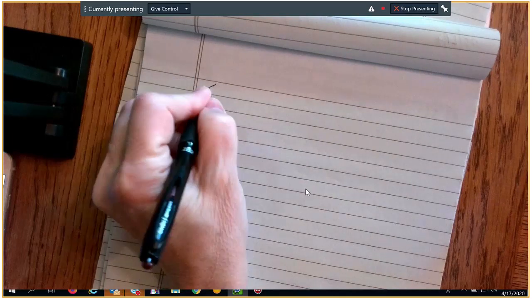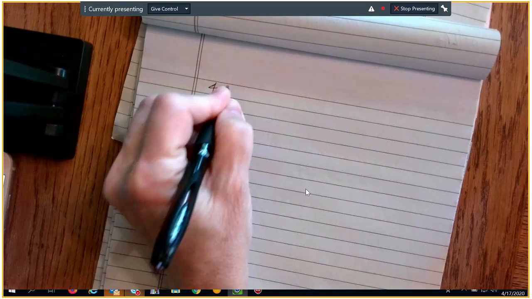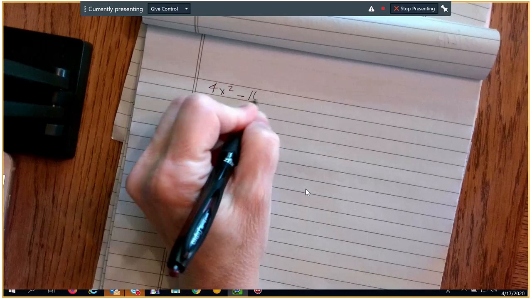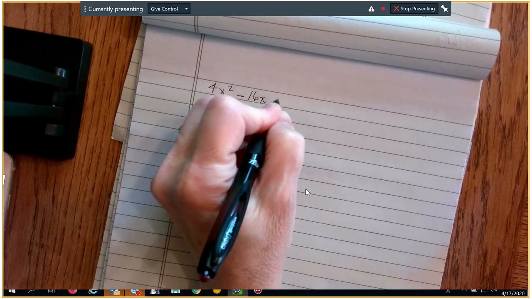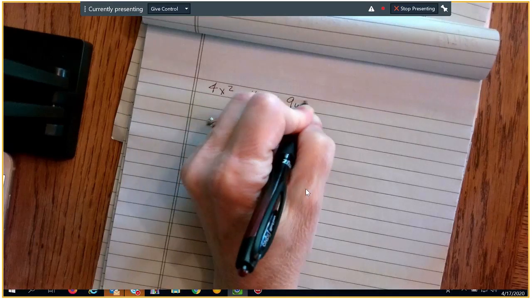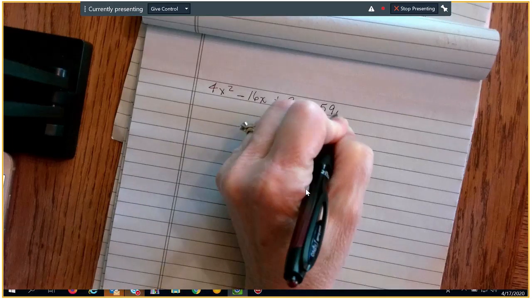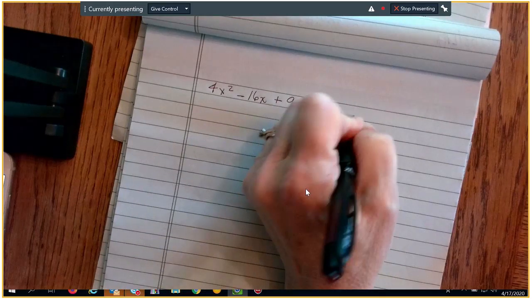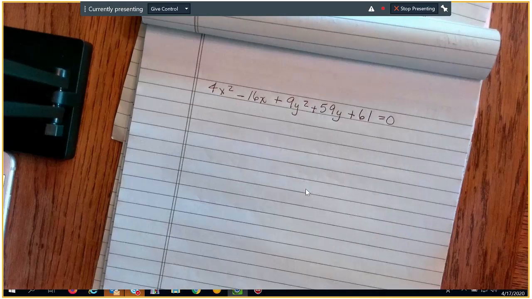So what happens when we're given an equation of 4x squared minus 16x plus 9y squared plus 54y plus 61 equals 0? If you don't remember, this is going to be a completing the square deal.